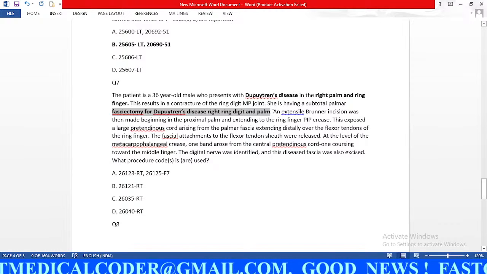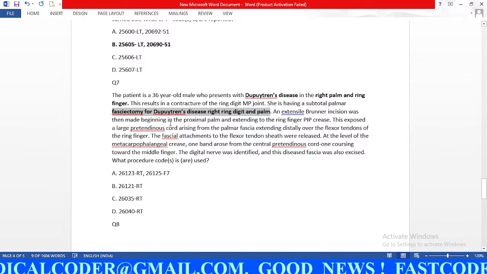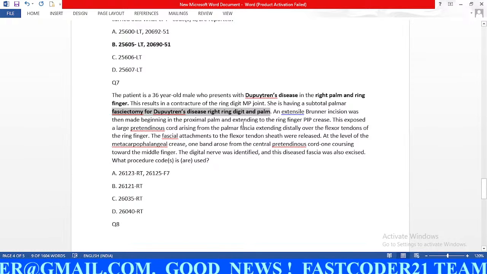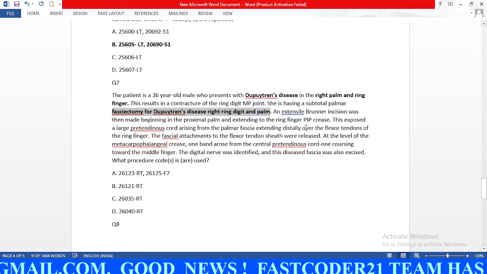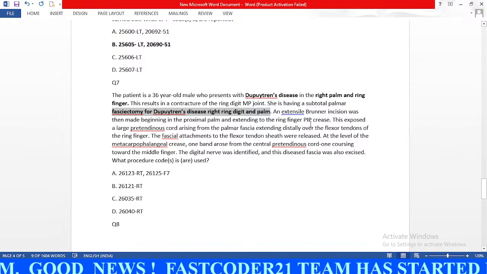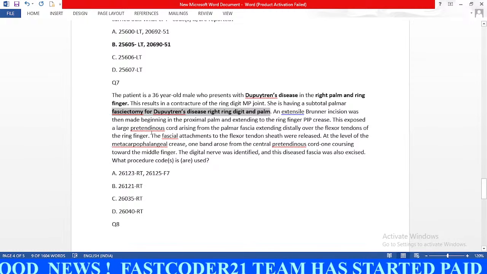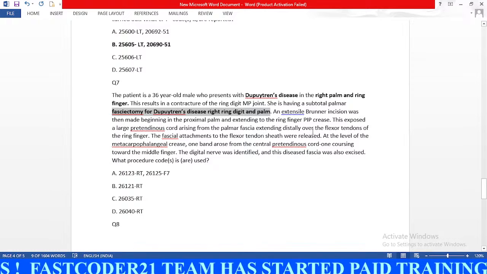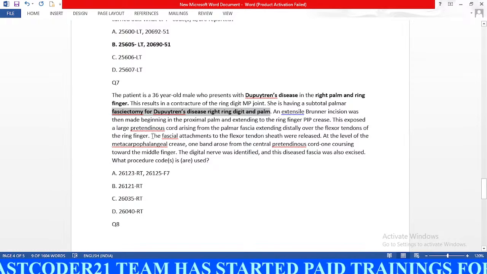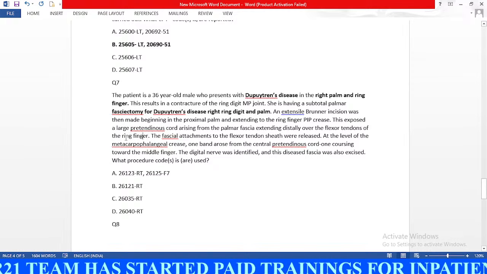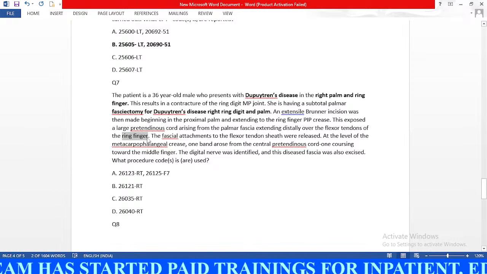An extensile Bruner incision was then made beginning in the proximal palm and extending to the right finger PIP crease. PIP crease means proximal interphalangeal joint. So this exposed a large pretendinous cord arising from the palmar fascia extending distally over the flexor tendons of the ring finger. So basically the physician is performing the procedure on the ring finger. So we need to remember this.